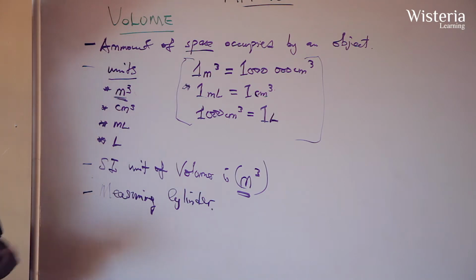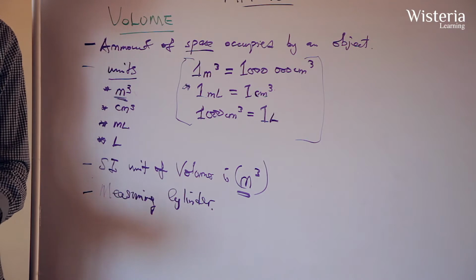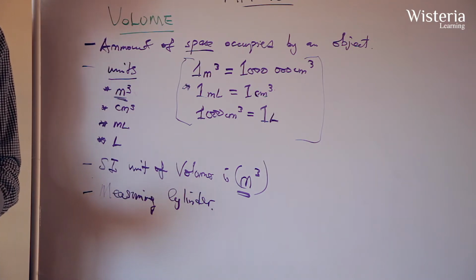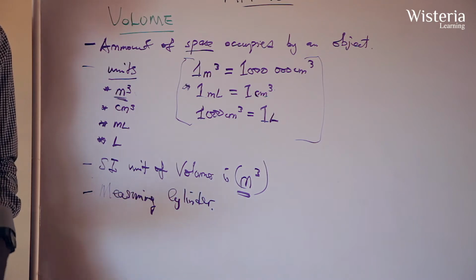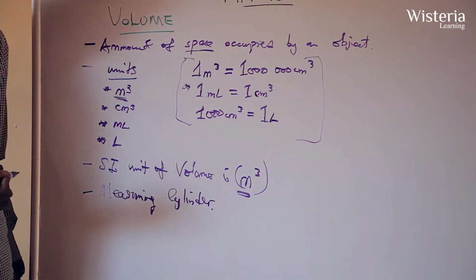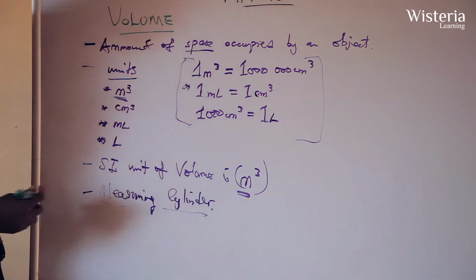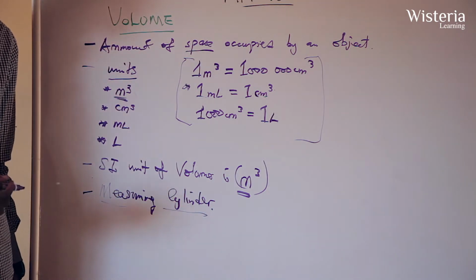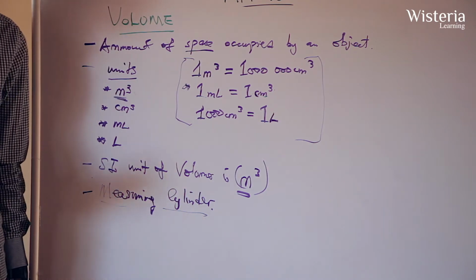Now we have different instruments we can use to determine the volume of a substance. The main one in physics that we use to determine the volume of a liquid is simply the measuring cylinder. A measuring cylinder is an instrument which you can use to determine the volume of a liquid.